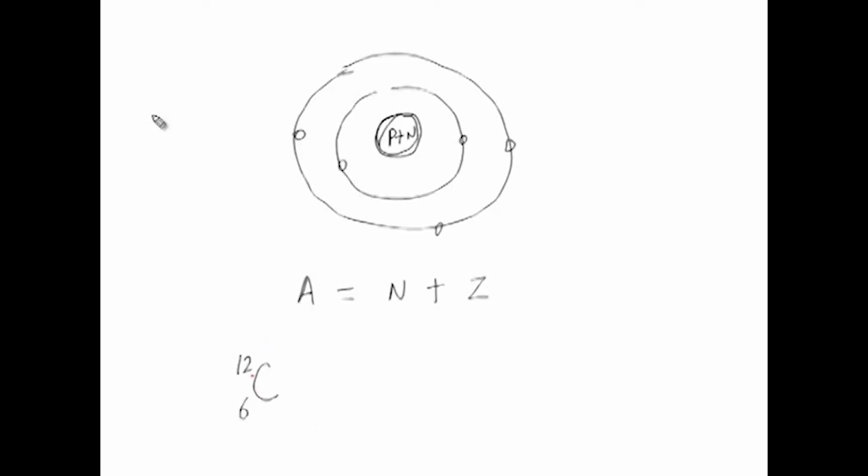So, if I say carbon, 12 is the atomic mass and 6 the protons. You can find out the neutron number by subtracting the atomic number from the atomic mass.